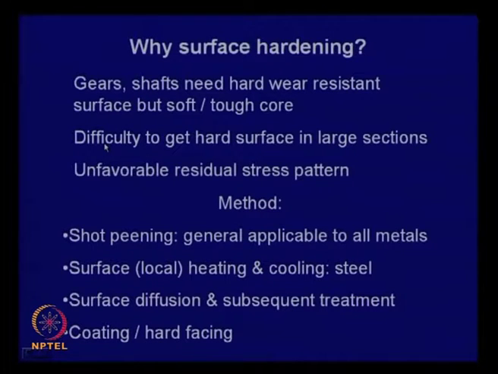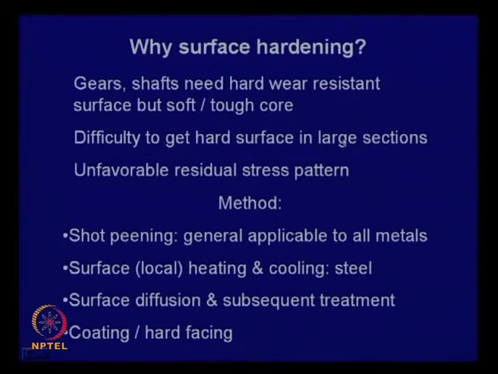Now, the problem is the difficulty of getting a hard surface in large sections. Some of these gears have quite large section sizes, and shafts are indeed very thick components. It is virtually impossible to get full hardness by quenching the whole component. Not only that, when you quench a very large component, the thermal gradient will be so high that thermal stresses will be very high.